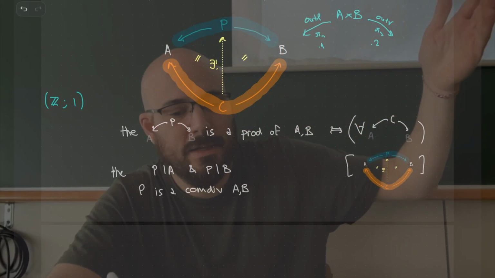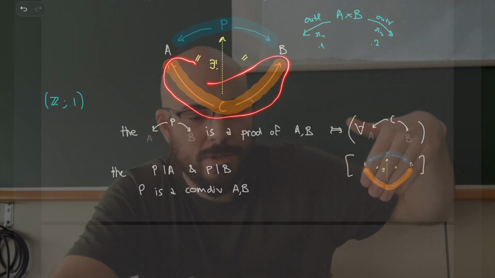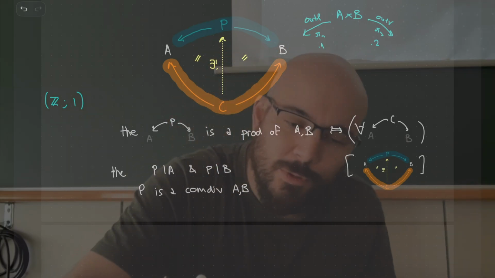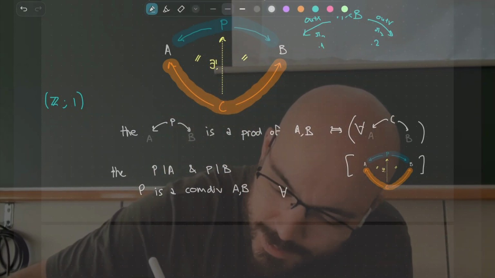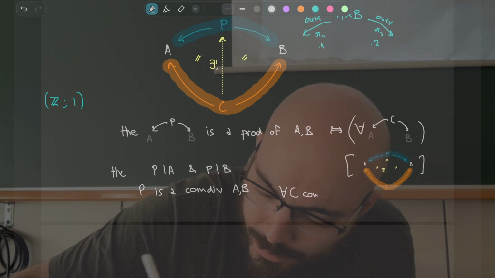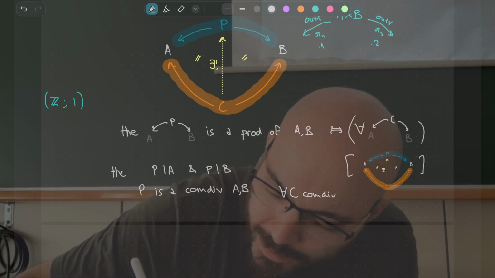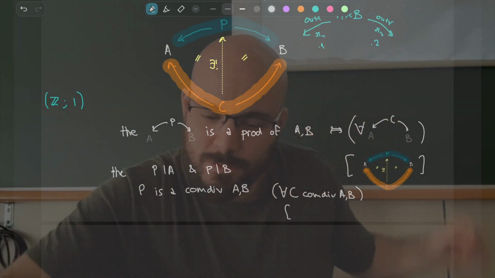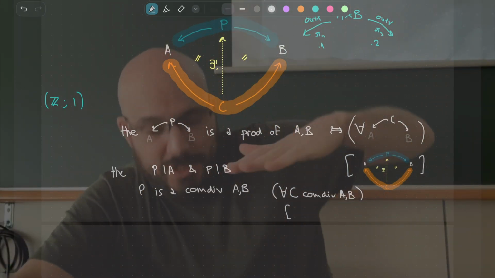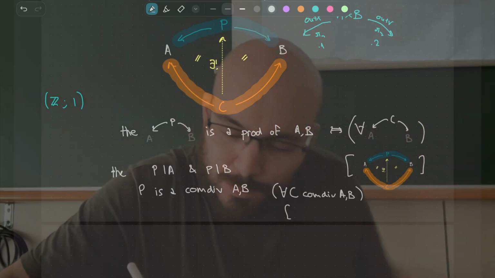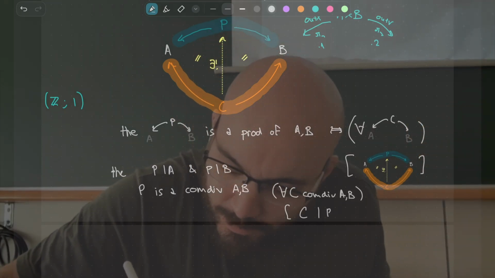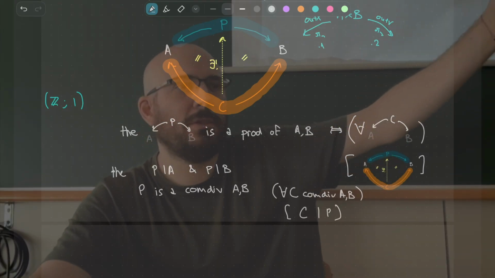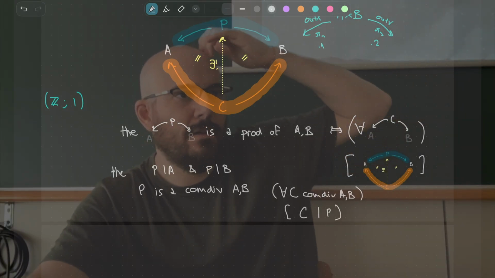But now I need to say that it's the best of all those things. And what does that mean? For any C which is also a common divisor of A and B, mine is better. I have an arrow from C to P, so C divides P. And I have just found out that this concept I already knew since high school, probably.